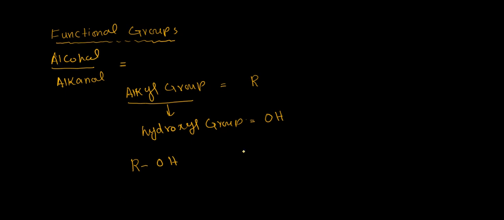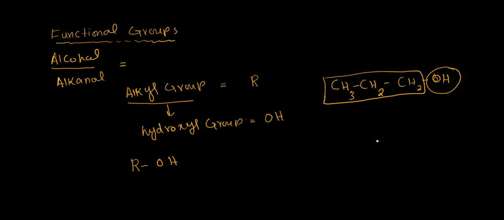If we take the example of R as a 3-carbon alkyl group, let us take CH3. Let's talk about naming, how we can name an alcohol. First, the parent alkane. If we look at the parent alkane, it is a 3-carbon atom chain, so this is named propane.